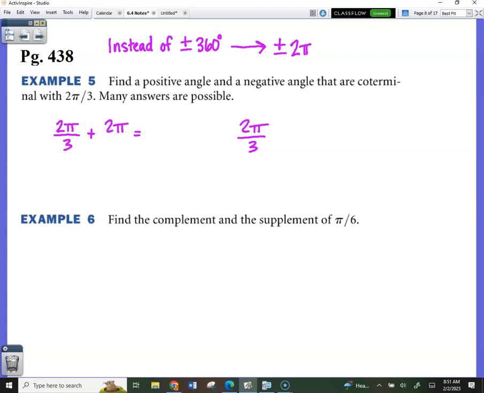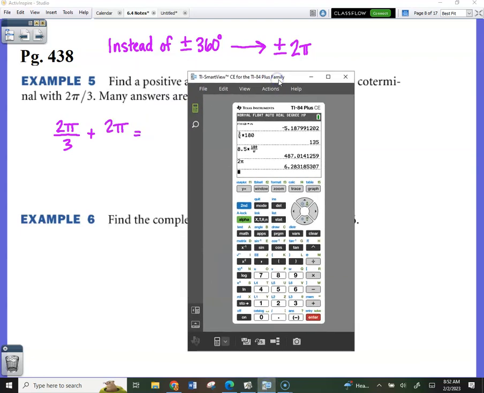There is absolutely nothing wrong with letting the calculator do this ugly work. At some point, every single one of you learned how to add fractions. But for right now, it's okay if you can't do it quickly in your head. Just go to your calculator.